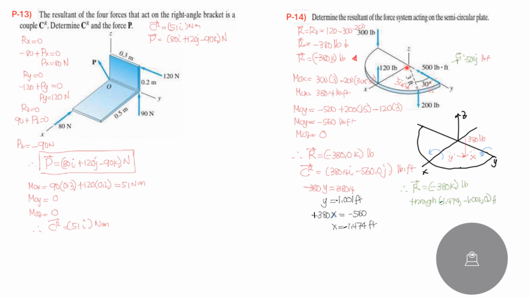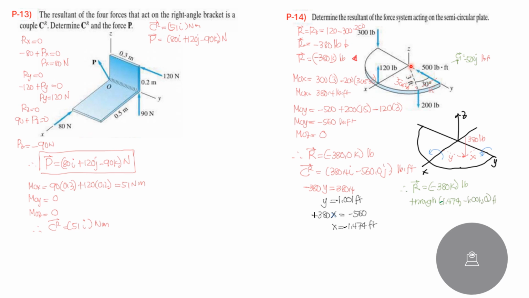So 300 times 3. Then minus 200 times the distance of 200 from the x-axis, which is 3 cosine 30. So minus 200 times 3 cosine 30. So MOX is 380.4 positive pound foot.